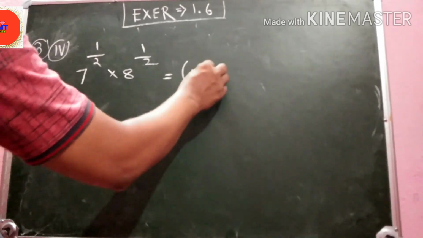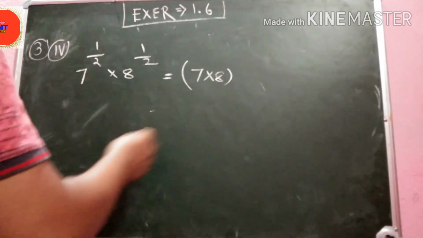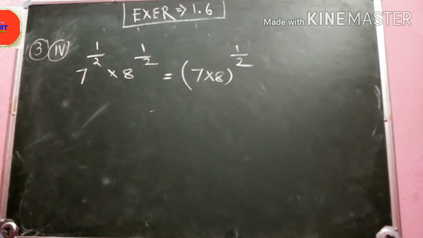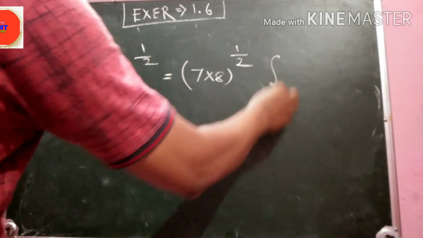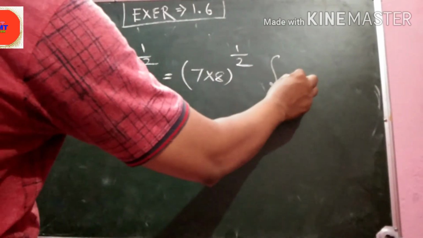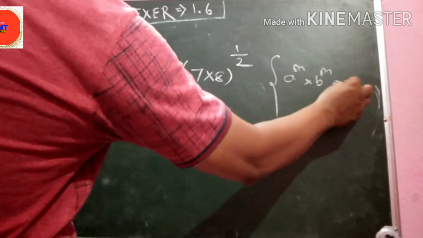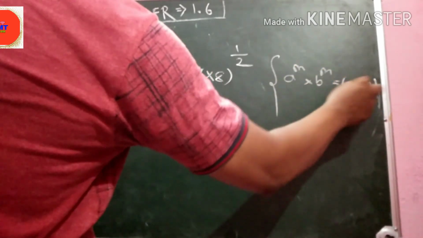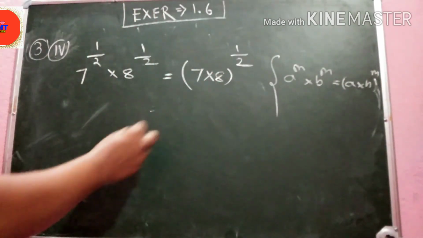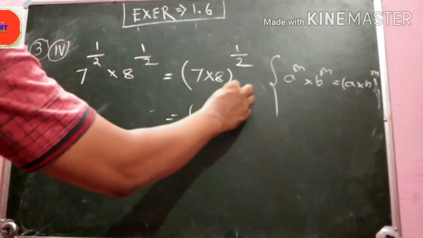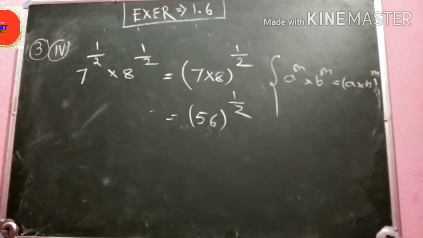Therefore, you just multiply 7 with 8 and keep the exponent 1 by 2, as a to the power m into b to the power m equals a into b whole to the power m. Now it becomes 56 to the power 1 by 2.